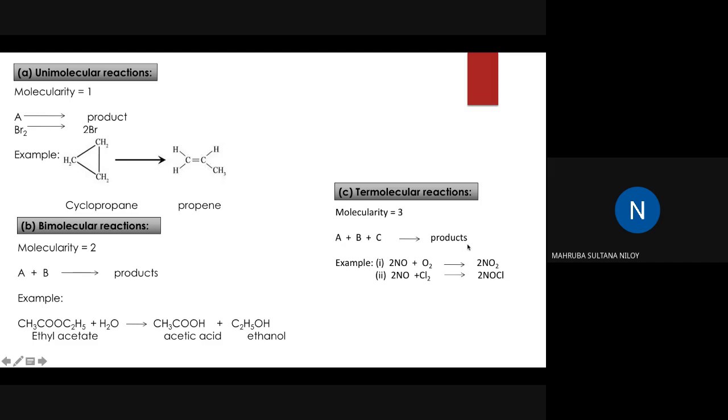Is it clear? Yes, sir. So here you can see two nitrogen monoxide combined. So here A and B are the same, C is different. Is it clear? So what is a termolecular reaction? Three different molecules reacting to form a product. Okay, is it clear to all? Clear, sir.